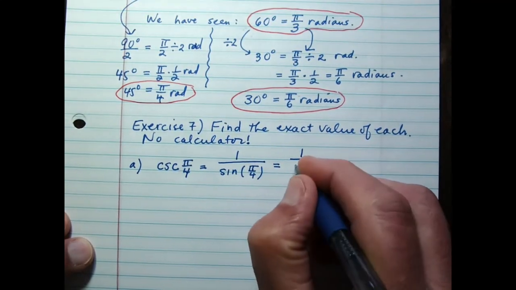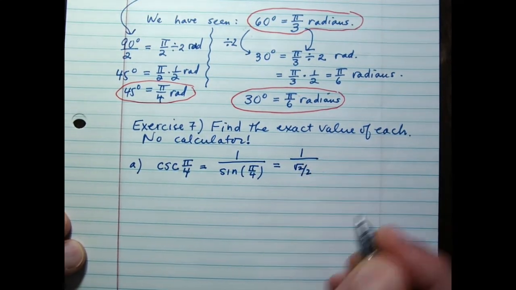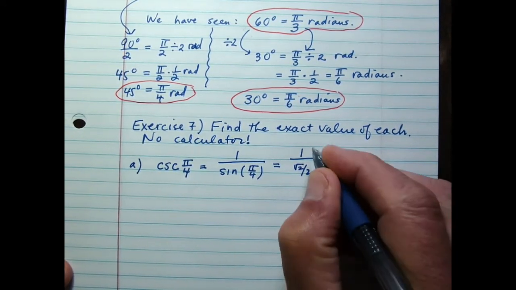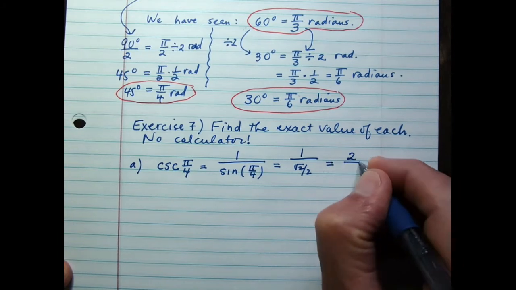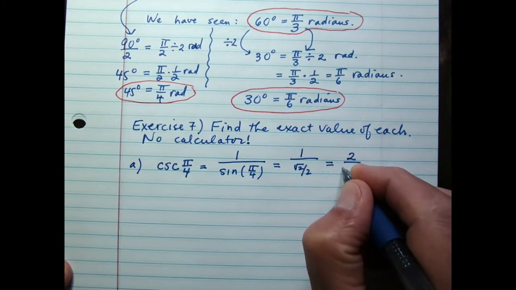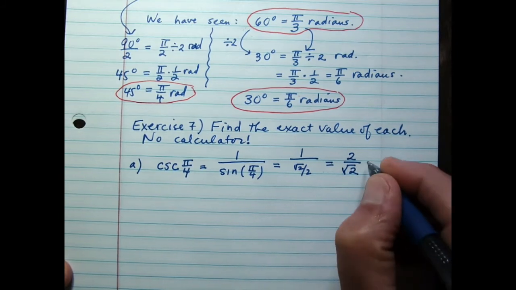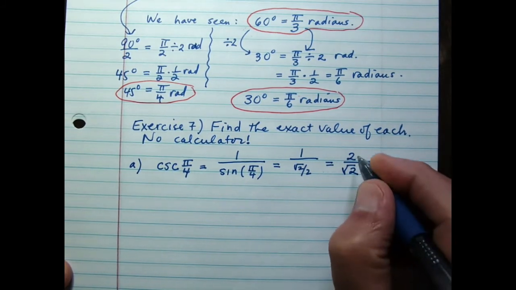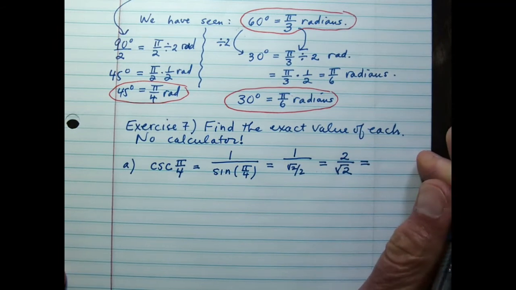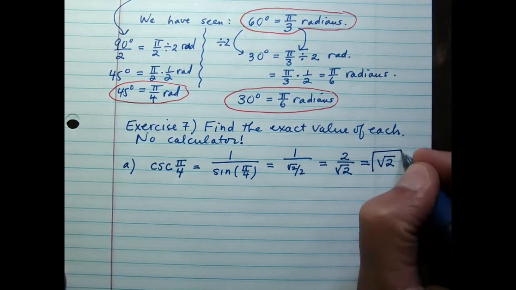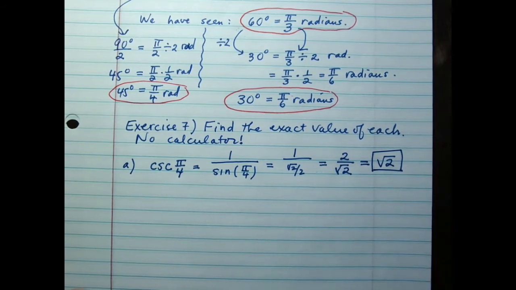So this is 1 over square root of 2 over 2, which when you take the reciprocal, you're going to get 2 over the square root of 2. And that simplifies, actually. I'm going to leave this to you. You should be able to figure out why that simplifies to just square root of 2. Try rationalizing and reducing that fraction.